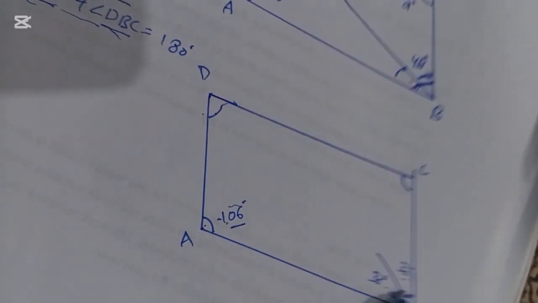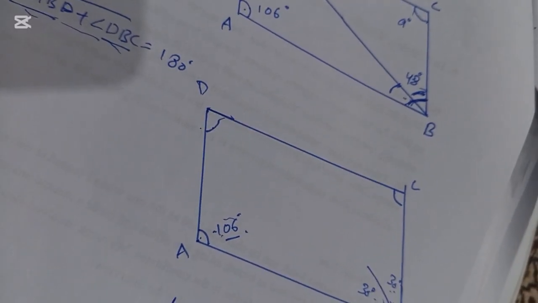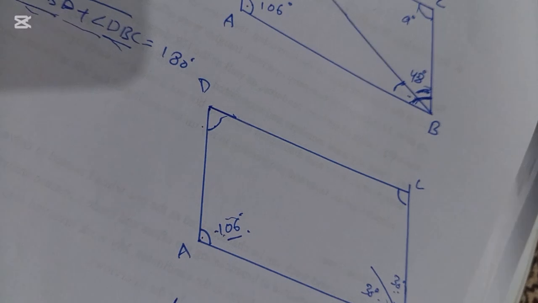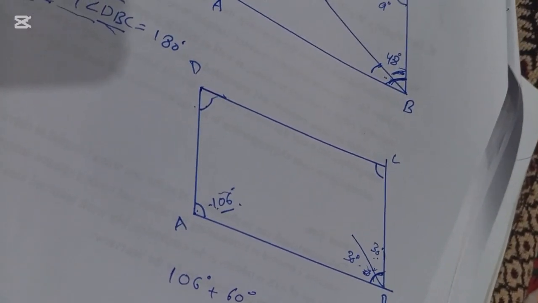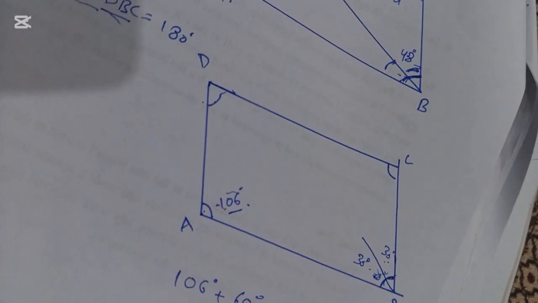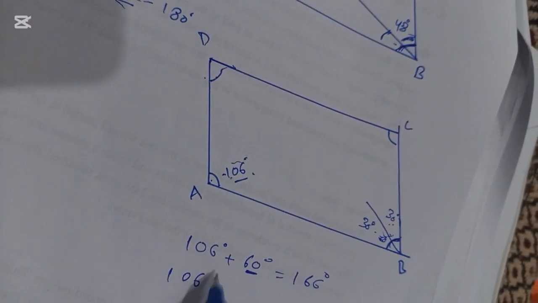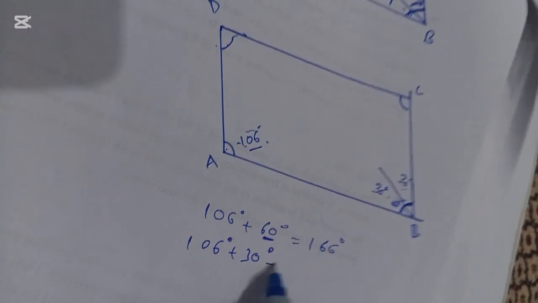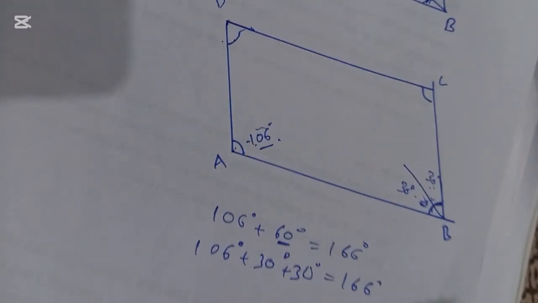If I say the sum of these two angles equals 166 degree, what you will do is 106 plus the whole angle, which is 60 degree, equals 166 degree, right? But instead of writing 60 degree, I write 30 plus 30: 106 degree plus 30 degree plus 30 degree equals 166 degree. Did I do anything wrong?